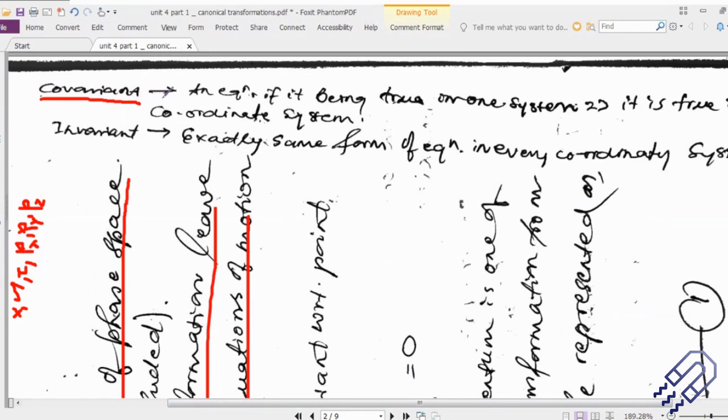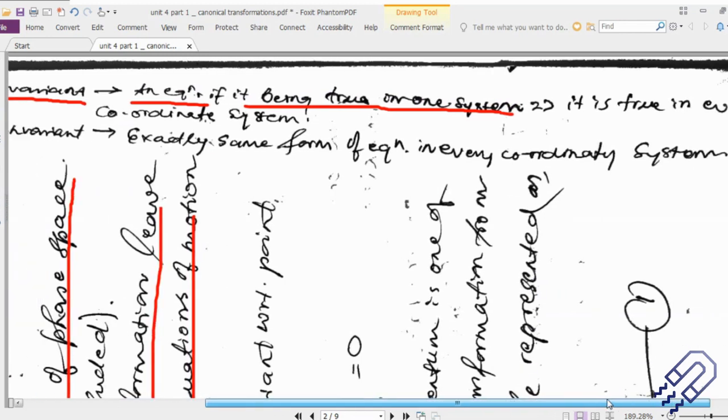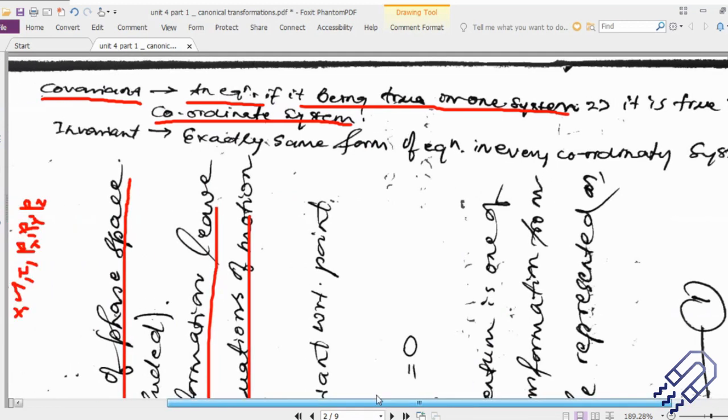If you have an equation and it is true in one system, let's say the Cartesian system, then it must be true in every coordinate system. It should also be true in the polar coordinate system. If it is not true, this is not covariant.